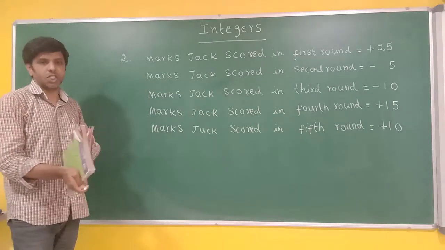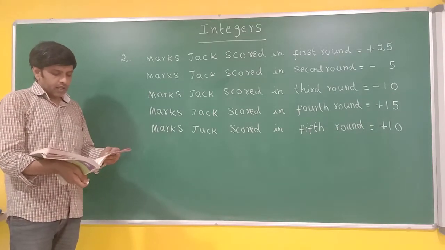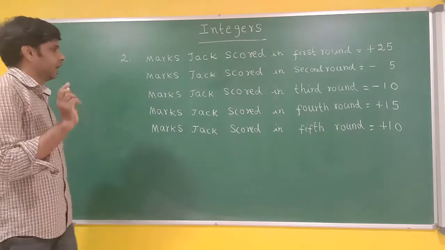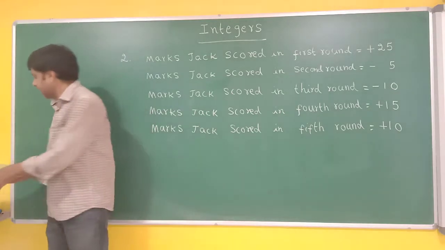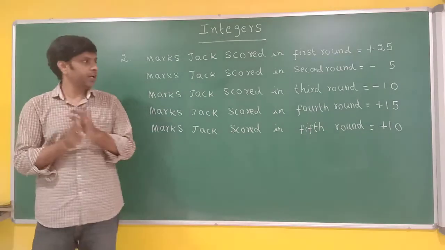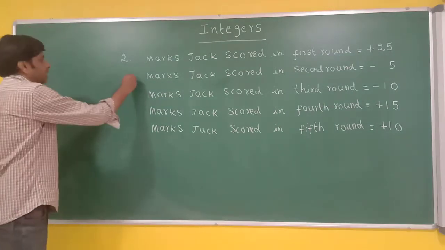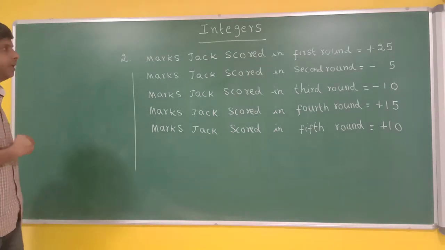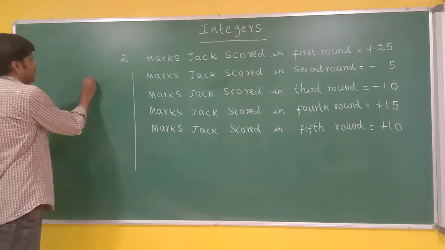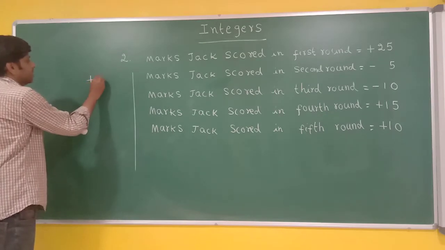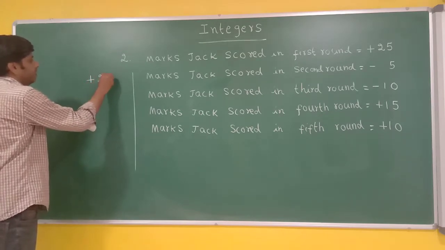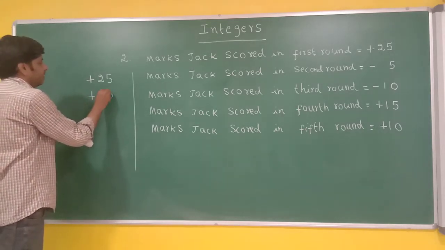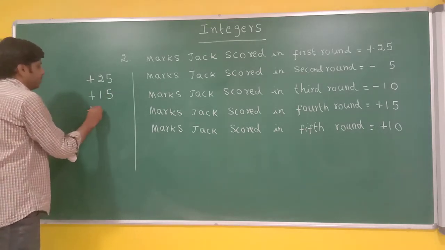Now the last step. What was Jack's score at the end? Let me explain to you. I am writing here in rough work. Listen very carefully. I am writing the scores: plus 25, plus 15, plus 10.